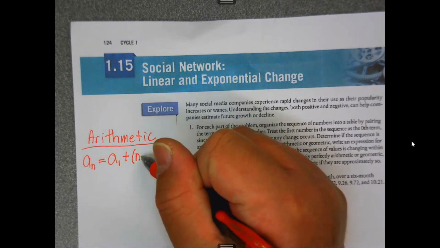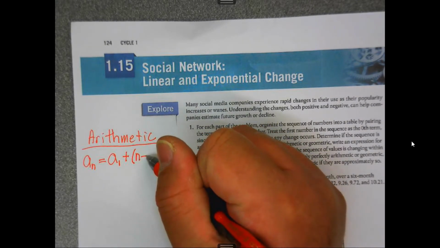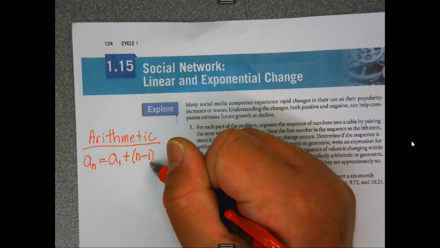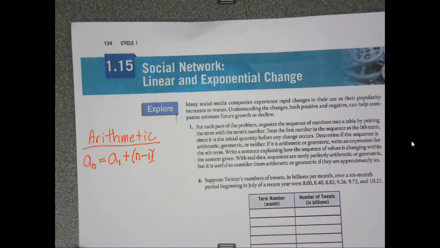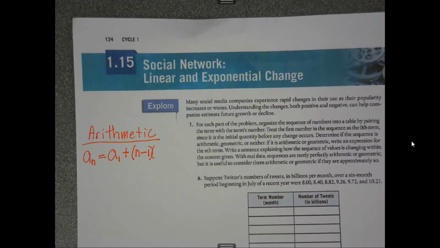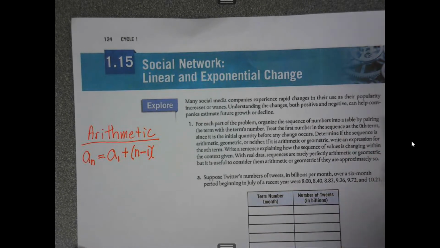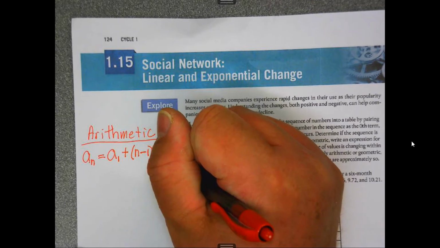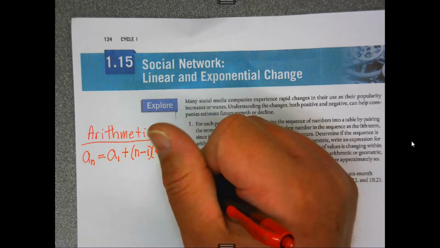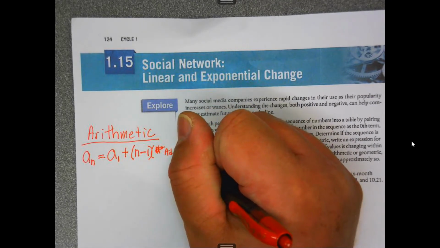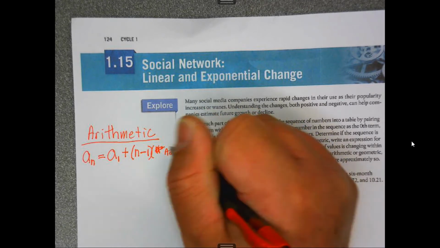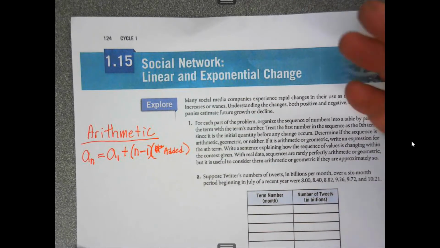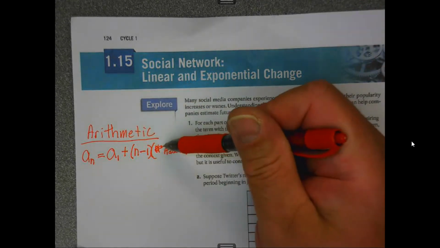So n is the nth term, and we want the number before it. And then we multiply it by whatever number we're adding. I'm going to just use a hashtag, number added. In other words, if we're adding 5 to it from term to term, that would be the number 5.